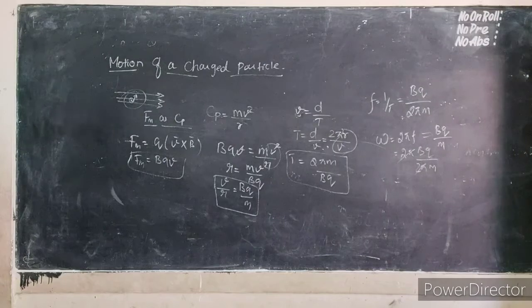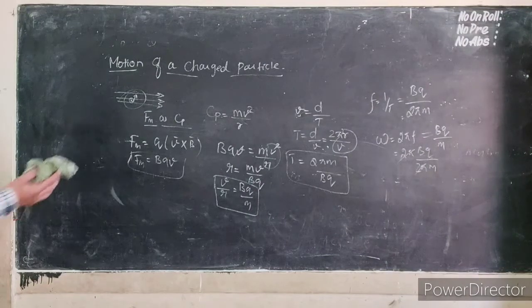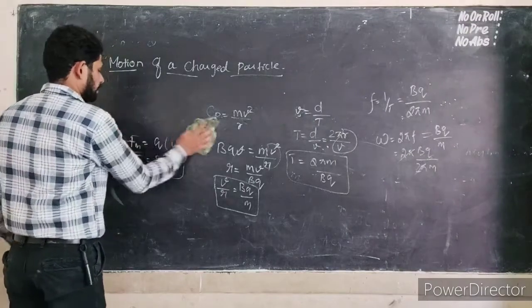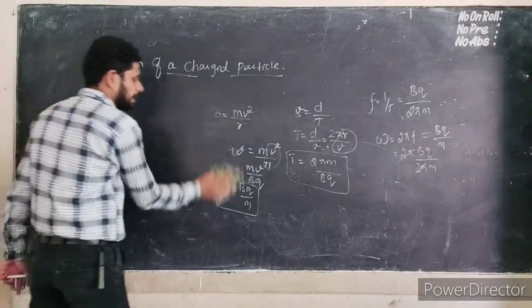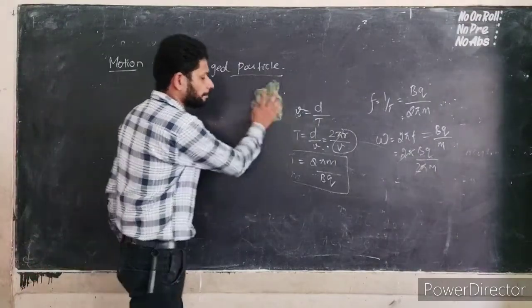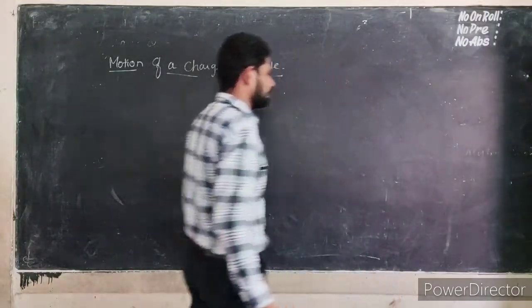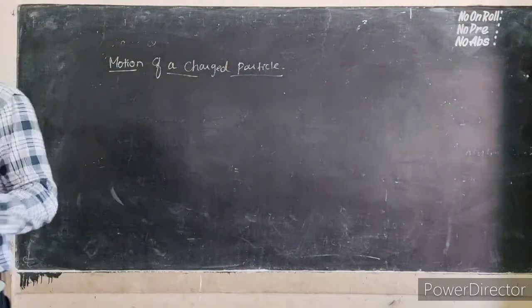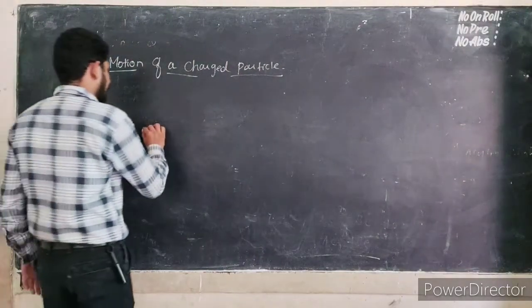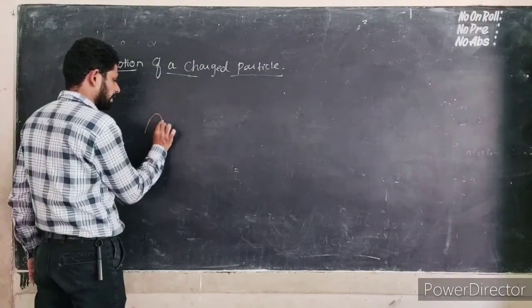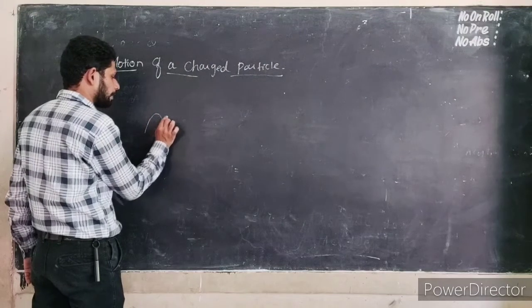Now, if the charged particle moves in the region of uniform magnetic field with a velocity that is not perpendicular to the field, it has one component perpendicular to the magnetic field and another parallel to it.